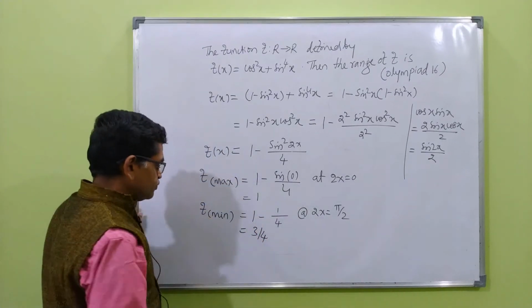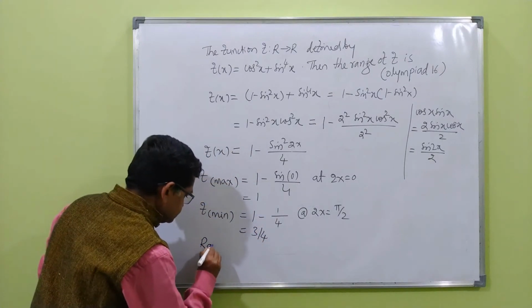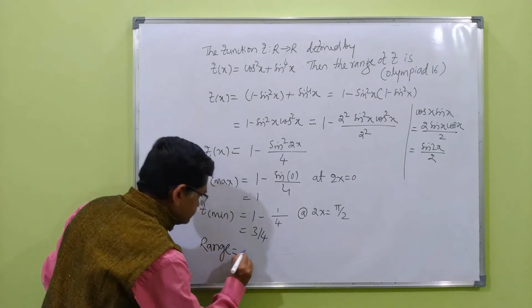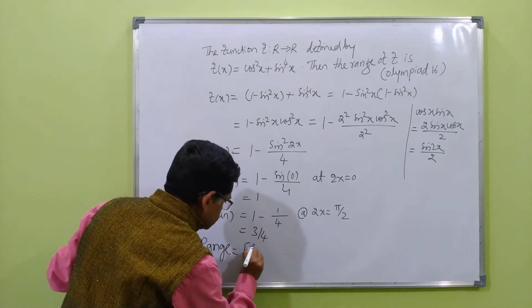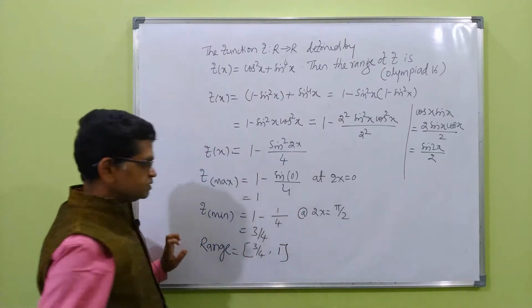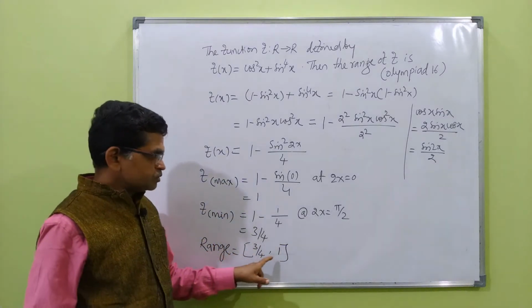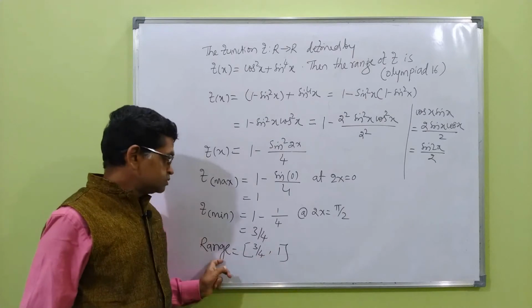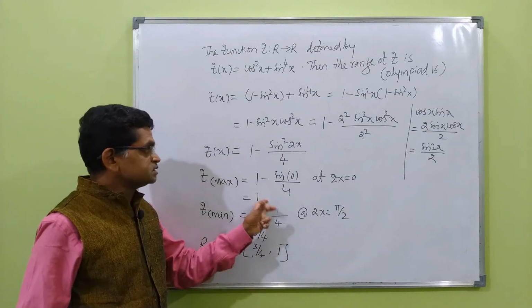So minimum value, therefore range is minimum 3 by 4 is included and 1 is also included. 3 by 4 to 1. So this is the range, minimum and maximum.